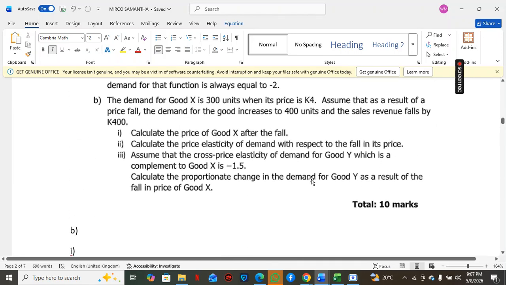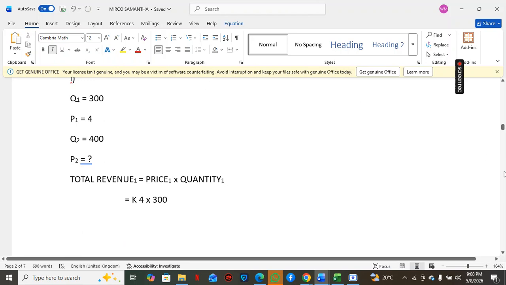Assume the cross price elasticity of demand for good Y, which is a complement to good X, is negative 1.5. Calculate the proportionate change in the demand for good Y as a result of the fall in price of good X. So if you remember, good X earlier on, we found the percent change in the price.